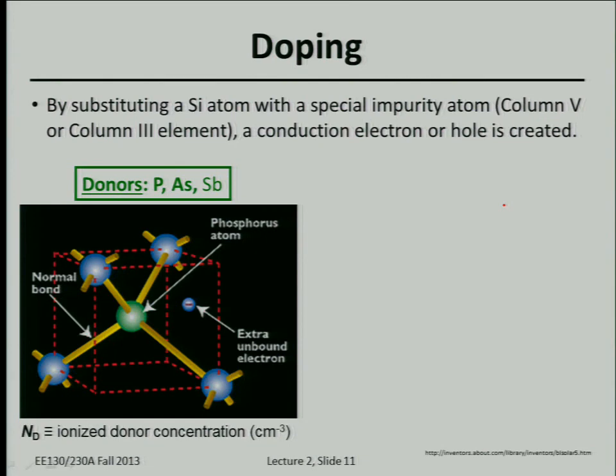This is called the process of doping. Doping means that you substitute a silicon atom with an impurity atom, either from column 5 of the periodic table, or column 3. So let's talk about column 5 first.